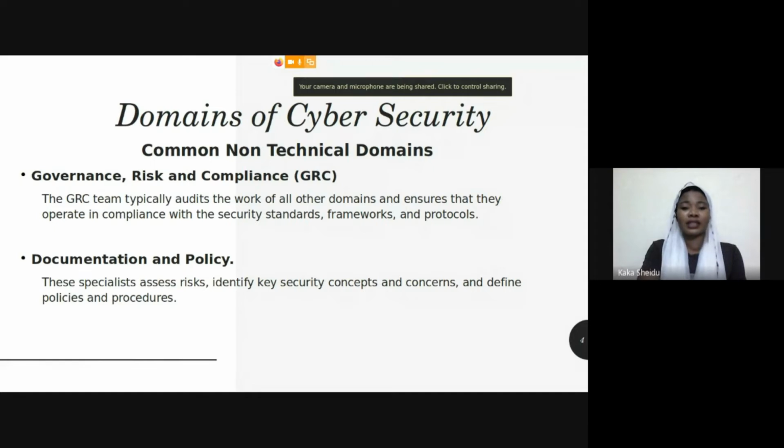You just have to understand the security concepts, and you can use them to help organizations operate in compliance with security standards. We have ISO security standards. There are many, but the common ones are GRC, that's governance, risk, and compliance, and also documentation and policy.